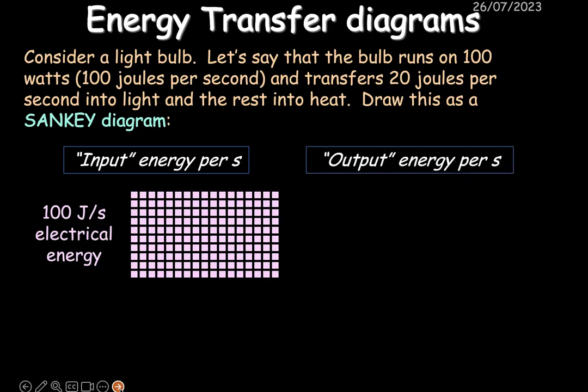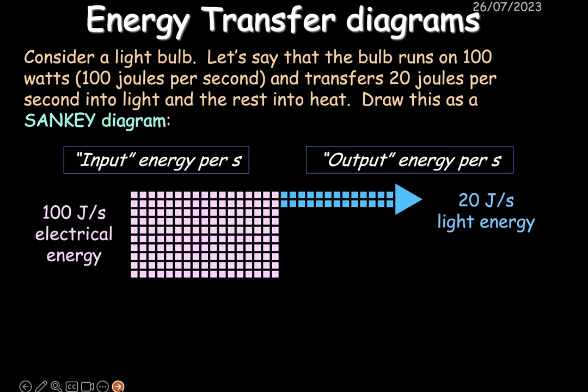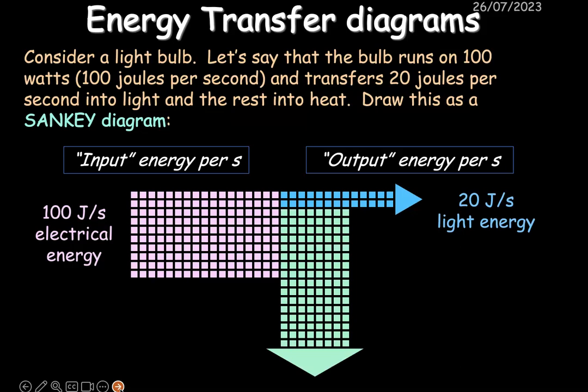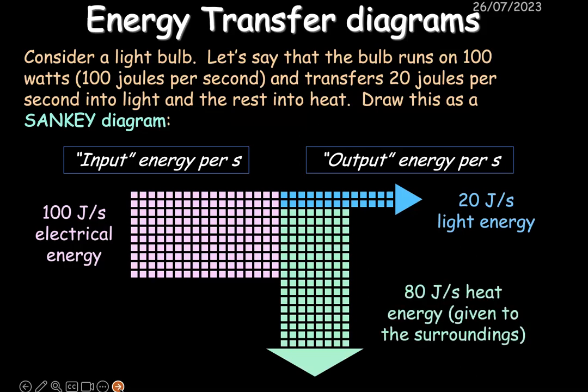Again, Sankey diagrams will be required for the GCSE exam, and you have to be able to show the efficiency and the energy transfer represented visually using a Sankey diagram. The width of the arrow represents the amount of energy, and students need to be aware that they need to draw them roughly to scale and to show, for example, the blue part of the arrow is 2 squares wide, the pink is 10 squares wide, therefore the green, which is the wasted energy in this case, is 8 squares wide.